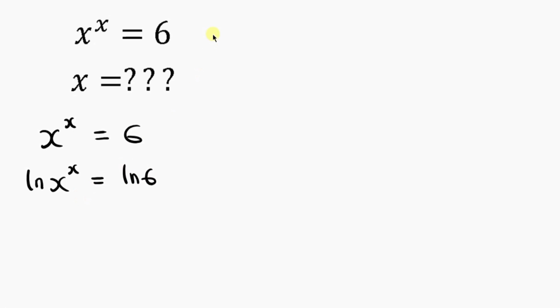Now, let's take our mind to the law of logarithm, which says that whenever I have a log of a number, let's say a, and this number is raised to a power of n, the law of logarithm says use the power, which is n, to multiply the log of the number. Are you seeing that?